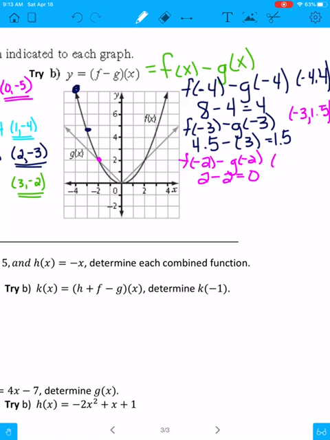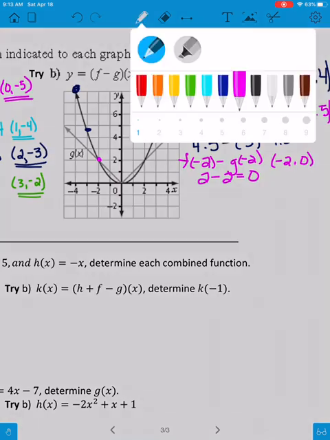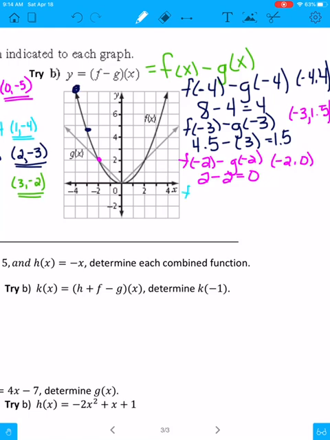So we have negative 2 and 0. And then if we do f of negative 1 minus g of negative 1, f of negative 1 is at 0.5 minus g of negative 1, which is at 1. And then we're going to get negative 0.5.